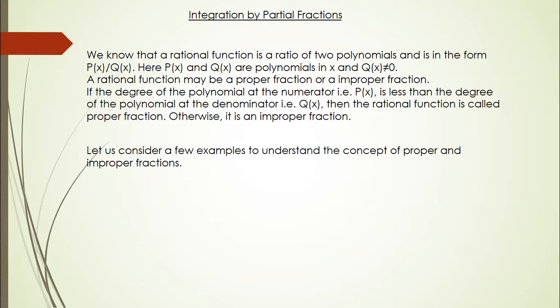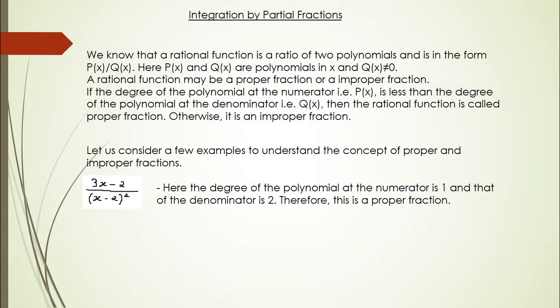Let us consider a few examples to understand the concept of proper and improper fractions. Now, if I have a rational function in the form of 3x minus 2 divided by x minus 2 whole square, here the degree of the polynomial at the numerator is 1 and at the denominator it is 2.